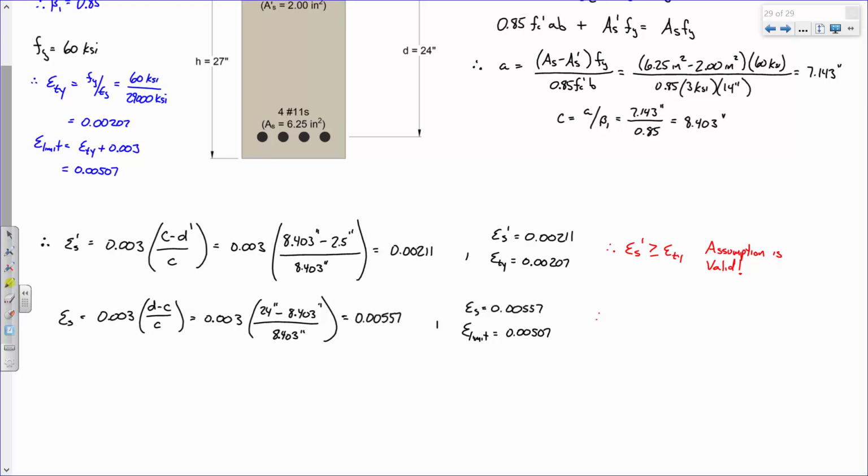Well, we know that the strain is greater than the limit. What does that mean? Well, yeah, it means it yields, but again, why did we compute this strain to determine what?